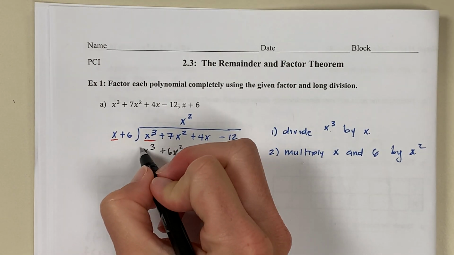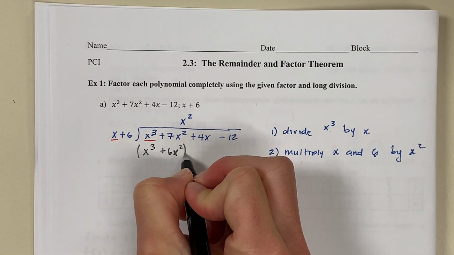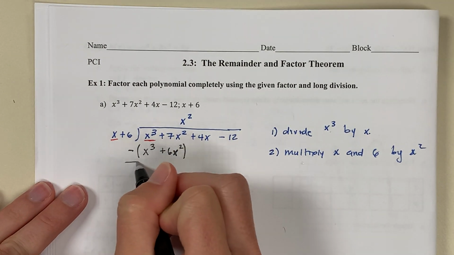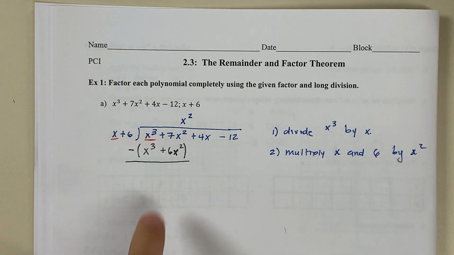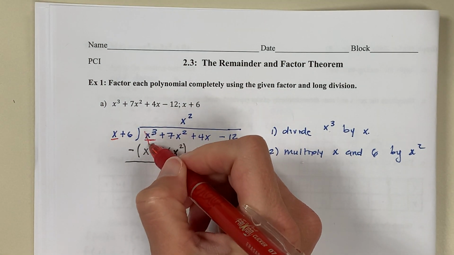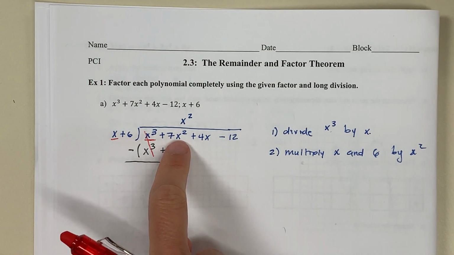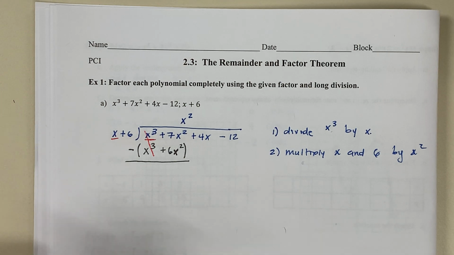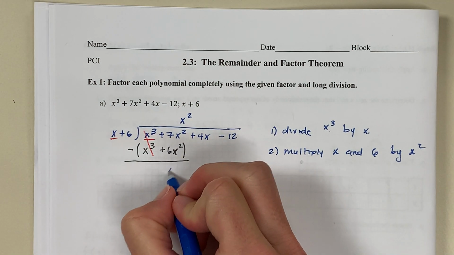Now I'm going to subtract this quantity from the first two terms. Now I'm subtracting, so x cubed minus x cubed is 0, and we need that to be 0. 7x squared minus 6x squared is 1x squared, or just x squared.